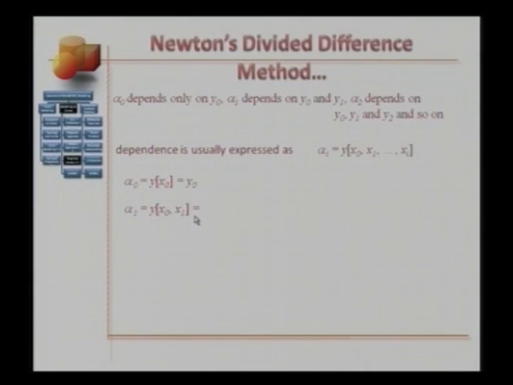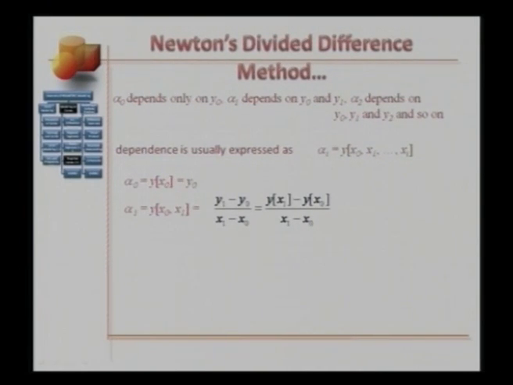You would know what that is, which is y1 minus y0 over x1 minus x0. Now, how can you express this in terms of this notation right here? y within square parenthesis x1 minus y within square parenthesis x0 over x1 minus x0.